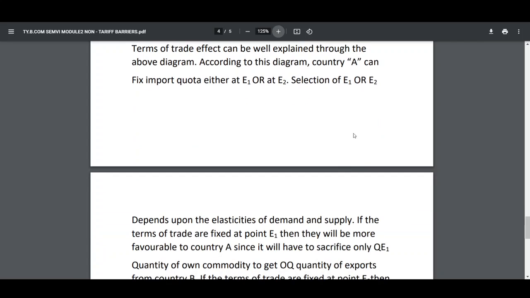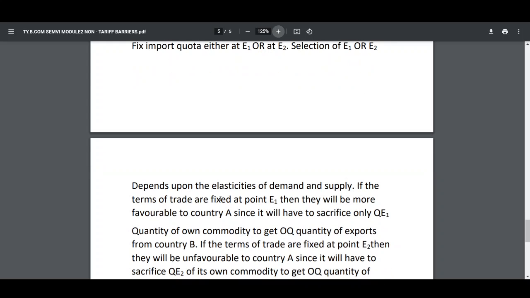Selection of E1 or E2 depends upon the elasticities of demand and supply.